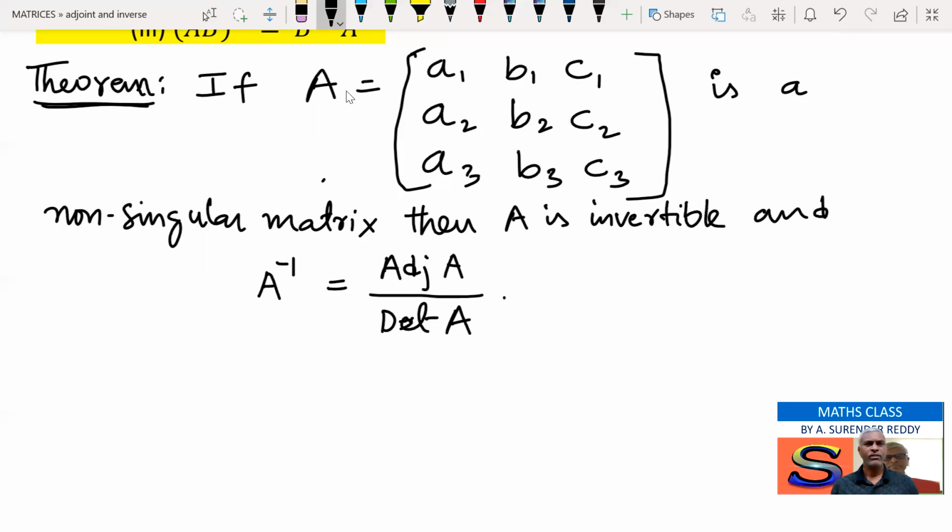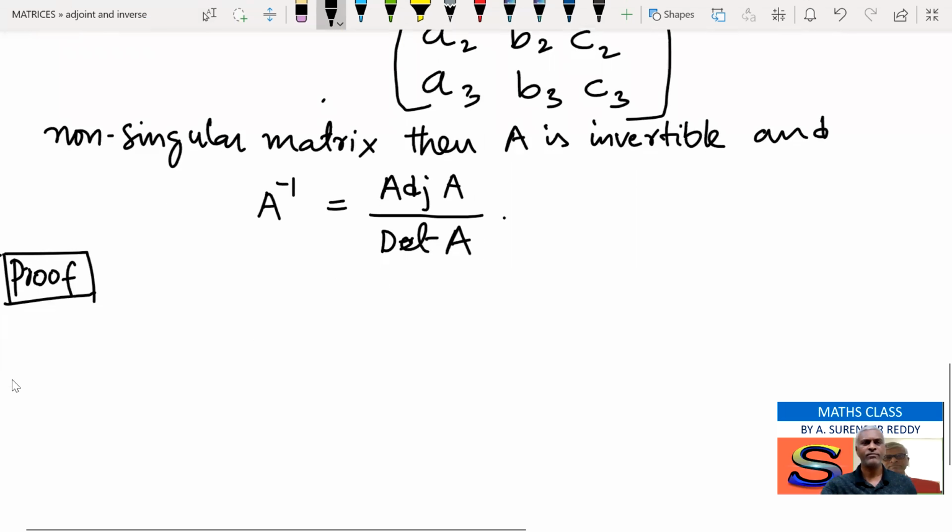So now let us prove it. Proof. Very important theorem.